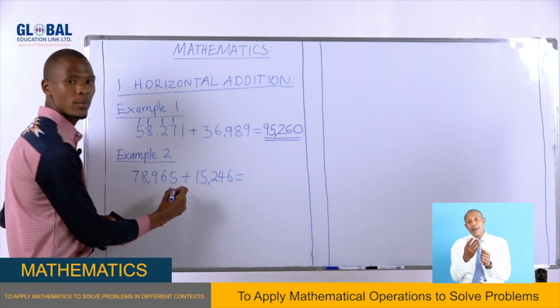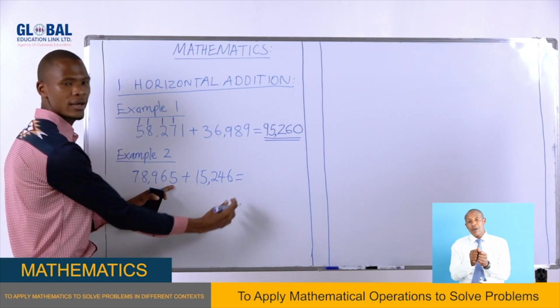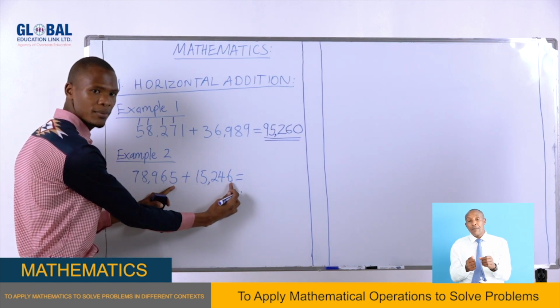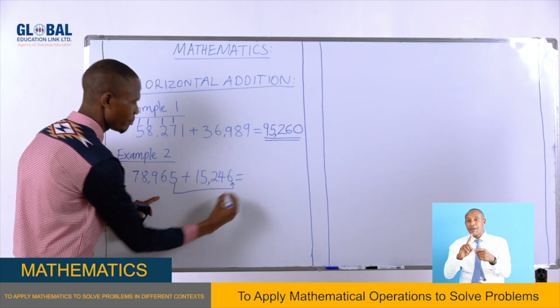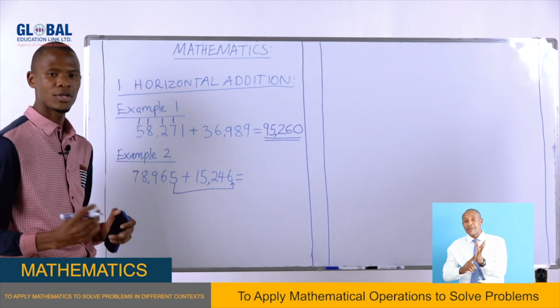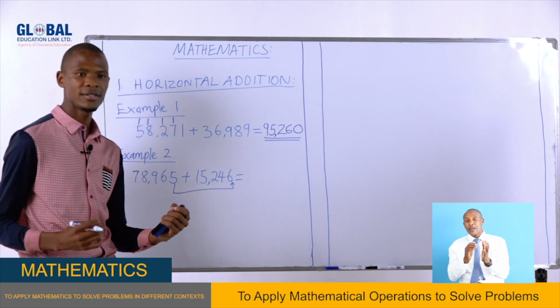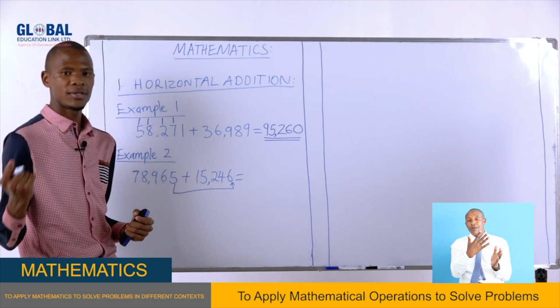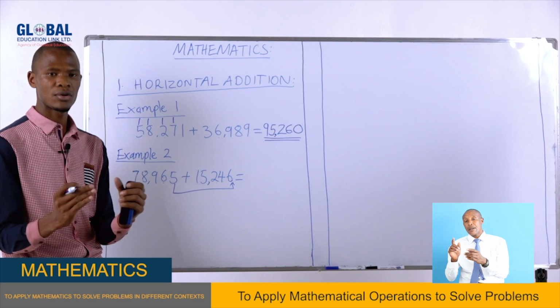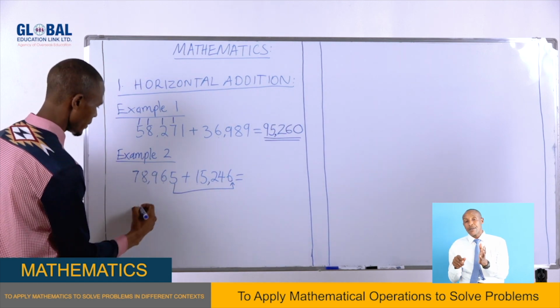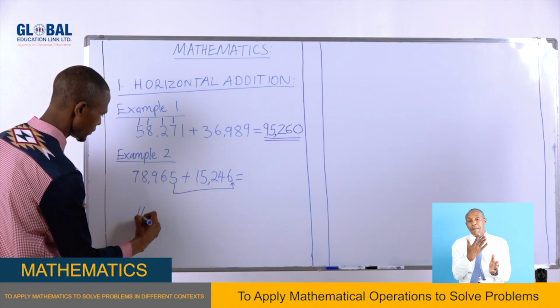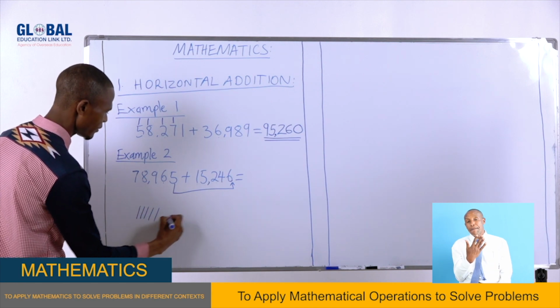Then here, we have 5 and 6. So 5 plus 6, you need to count 5 tallies and also 6 tallies, and then you group them together and count them together. So here we'll be having 1, 2, 3, 4, 5.